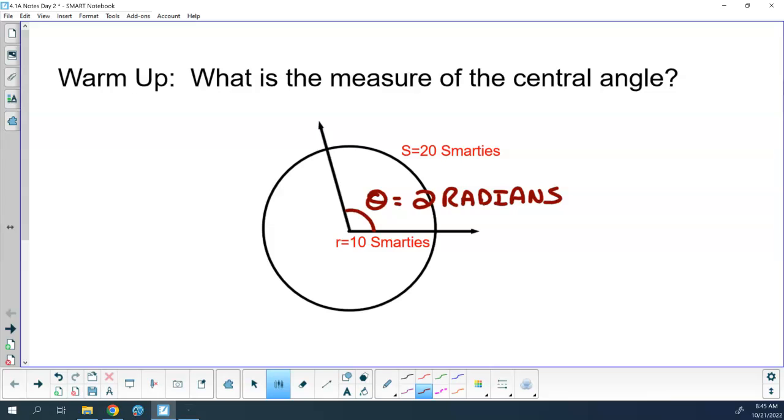Now, if I would have converted this to, let's say, 4 Smarties, what's my central angle? 5 radians, right? We'll get more into that next week. But the arc length is theta times the radius. Okay?